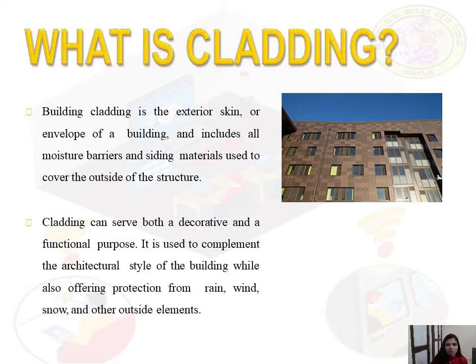How does cladding protect the building? The cladding is made of impermeable materials so that the rainwater cannot enter the building through the joints.